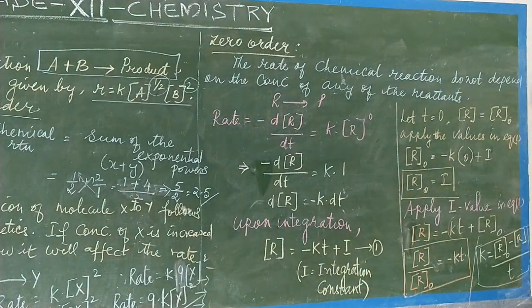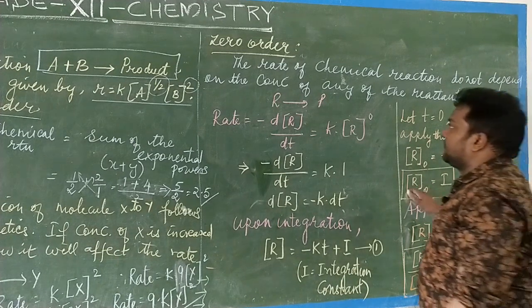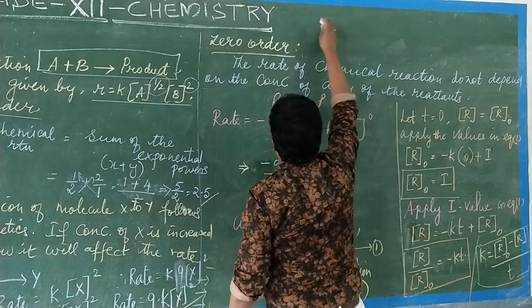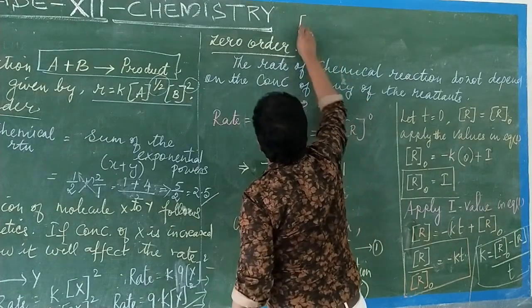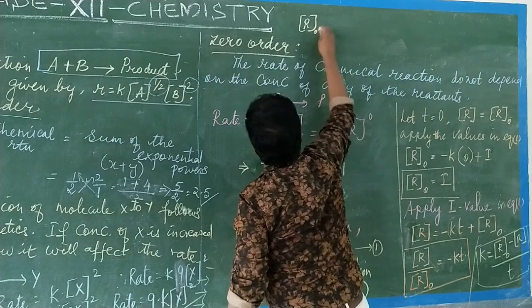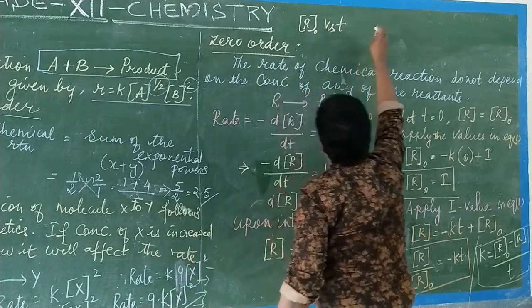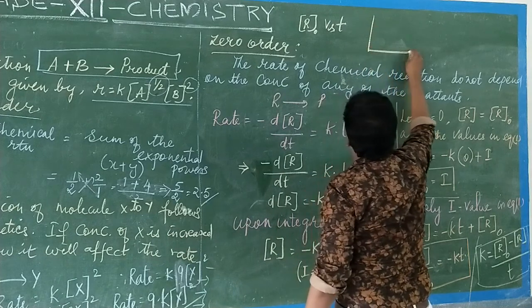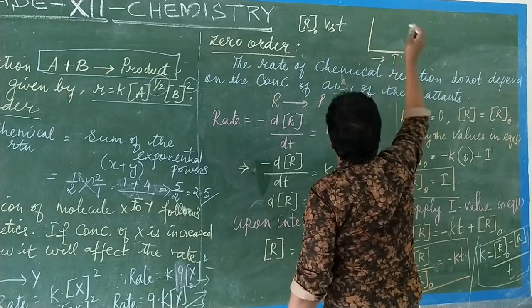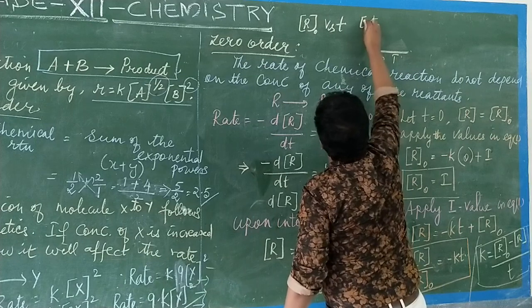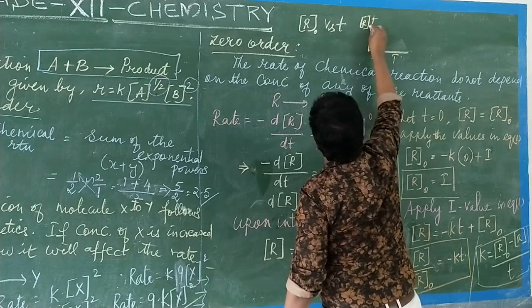Now in the zero order kinetics, we can plot a graph. If we plot a graph of the concentration of R naught versus time, then what will the graph be? This becomes time and this becomes concentration of R naught.